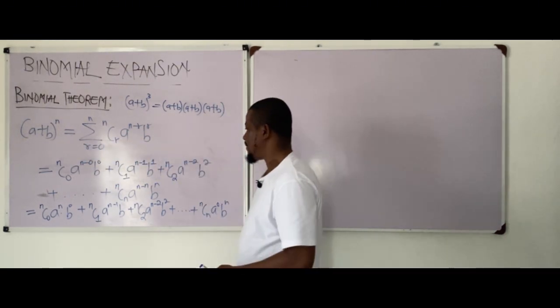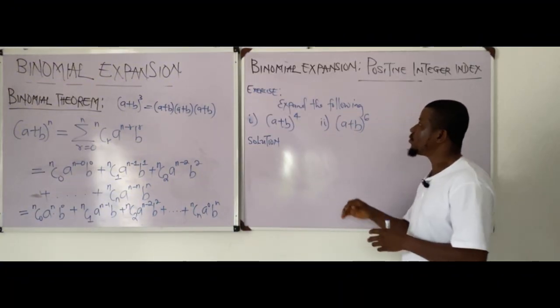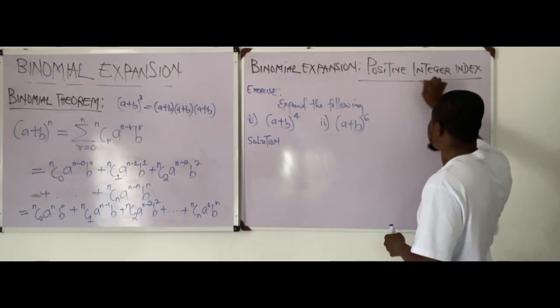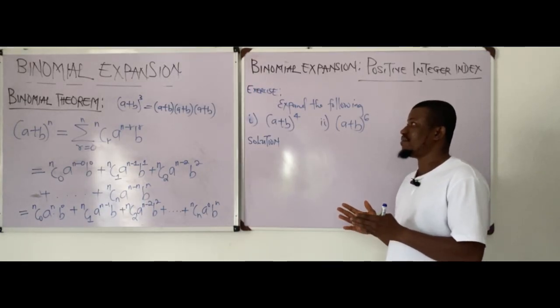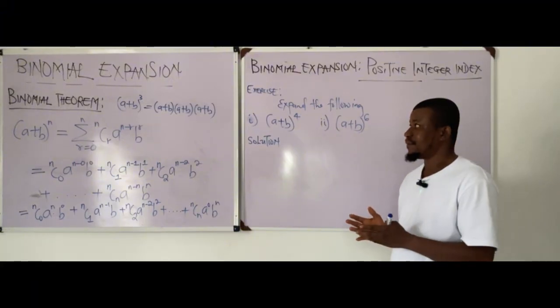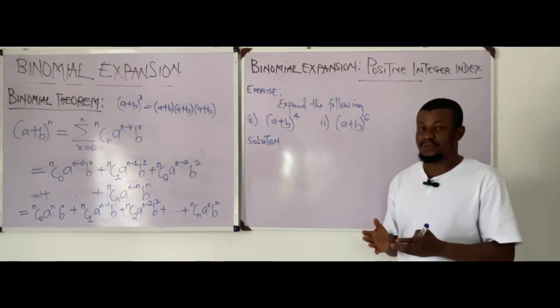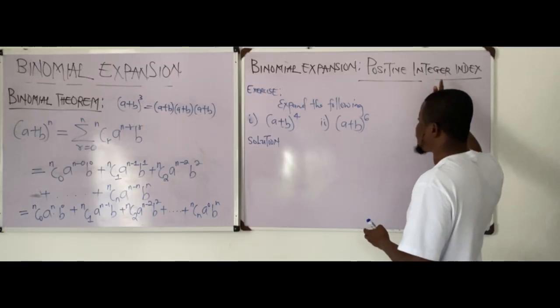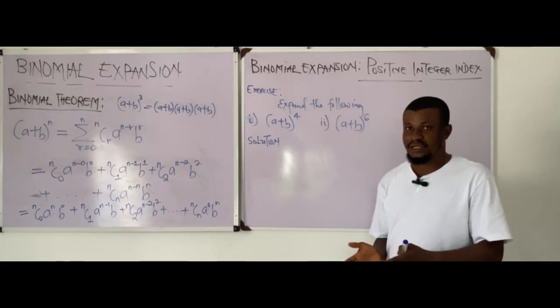All right, now let's see a practical example here. So on the board we have binomial expansion, positive integer index. Yes, the first binomial expansion we want to consider is expansion involving positive integer index. Like I said earlier, the index can be of different forms. It could be a positive integer, it could be a negative integer, it could be fractional, right?